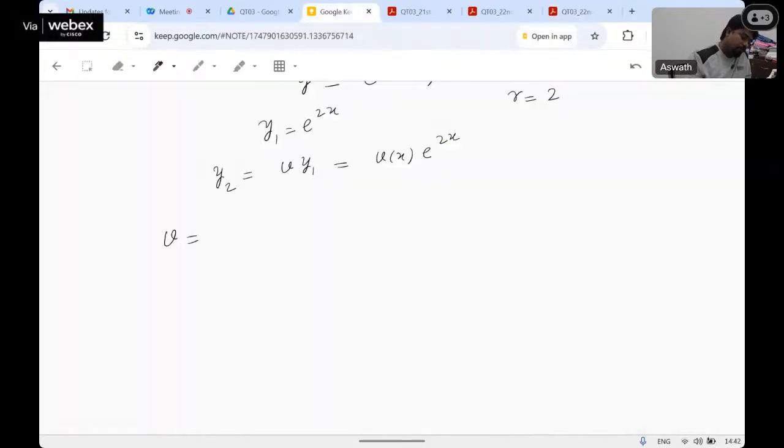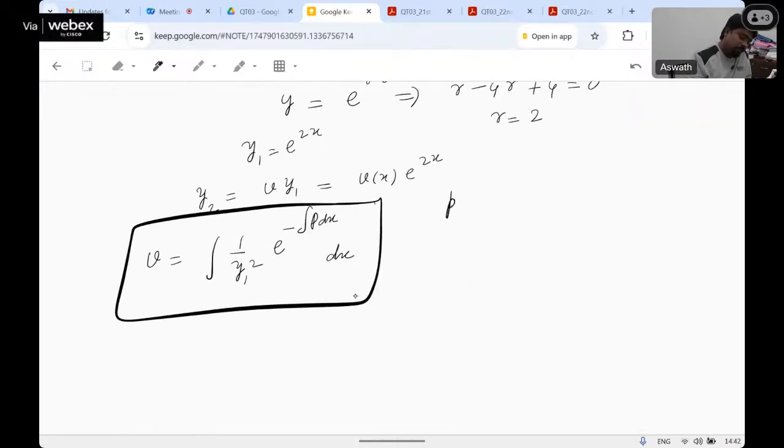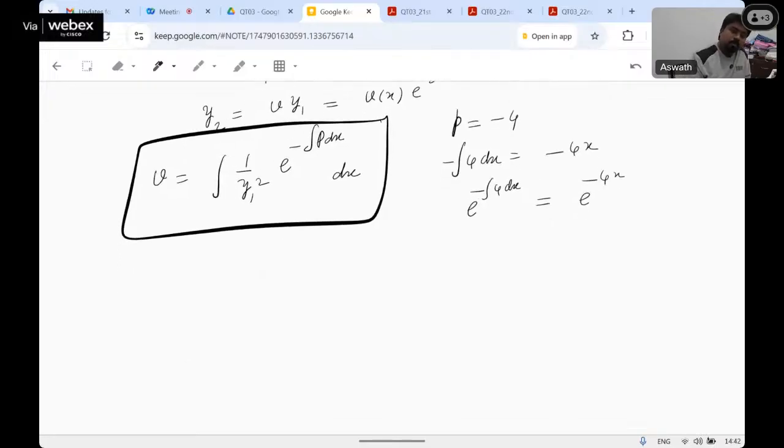First of all, as per this equation, p is minus 4. Integration of minus 4 dx is minus 4x. Exponential of minus of minus 4x is exponential 4x.